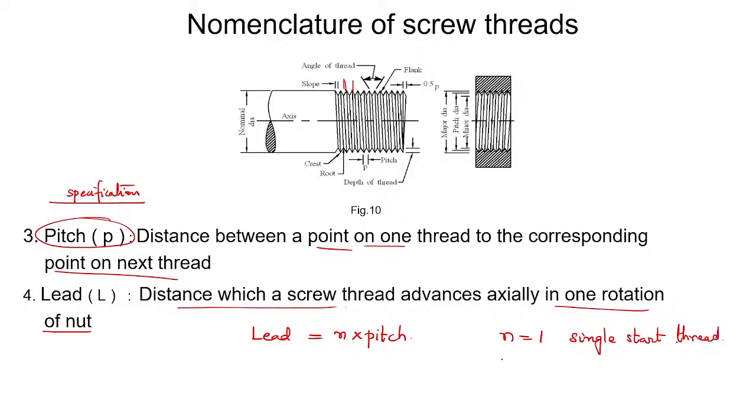In the same way, if N is equal to 2, then for a single rotation it advances by 2 times the pitch. This is a double start thread. Same way, N equal to 3 means it is a triple start thread. So for one rotation it advances by 3 times the pitch.